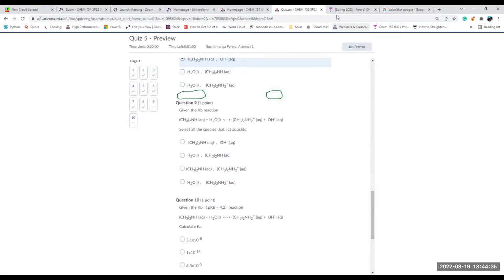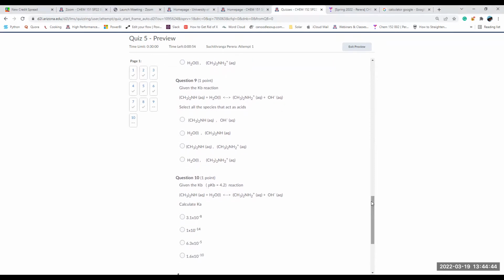Okay, moving on to question 9. Given the Kb of the reaction, select all the species that can act as acids. I think it's the same reaction as before when they are asking for the acids, right?